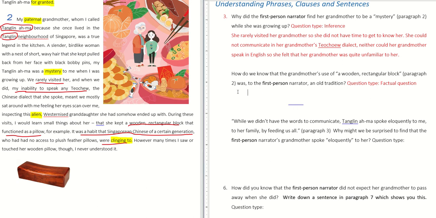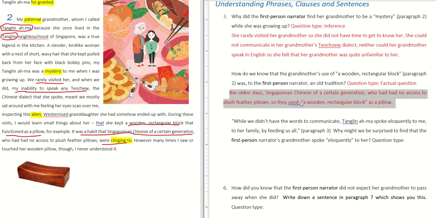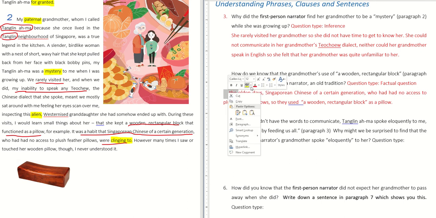Let's see what the possible answers are.